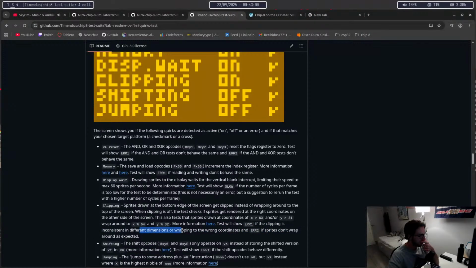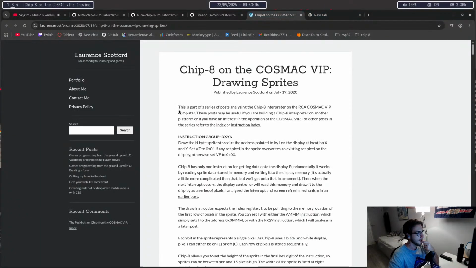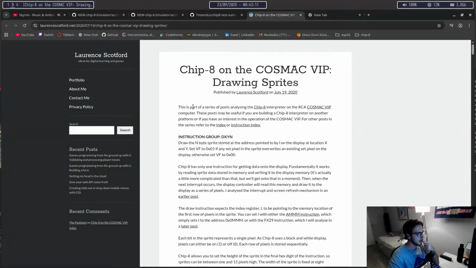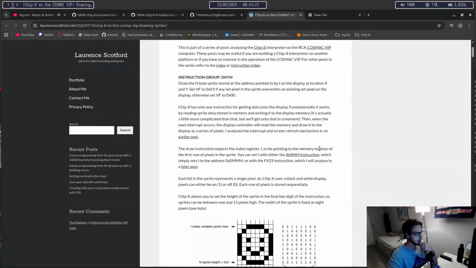If the clipping is inconsistent in different dimensions or wrapping to the wrong coordinates, and error 2 if sprites don't wrap around as expected. So it's clearly not wrapping around. Well. The display memory is actually a little bit more complicated than that, but we'll get into that in a moment.